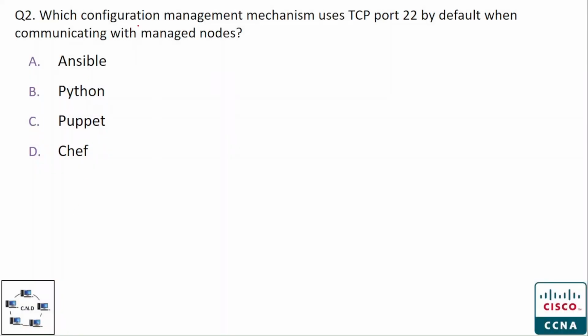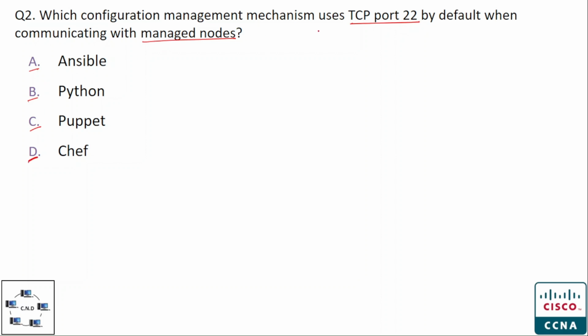Question number 2. Which configuration management mechanism uses TCP port 22 by default when communicating with managed nodes? And the options are: option A, Ansible; option B, Python; option C, Puppet; and option D, Chef.